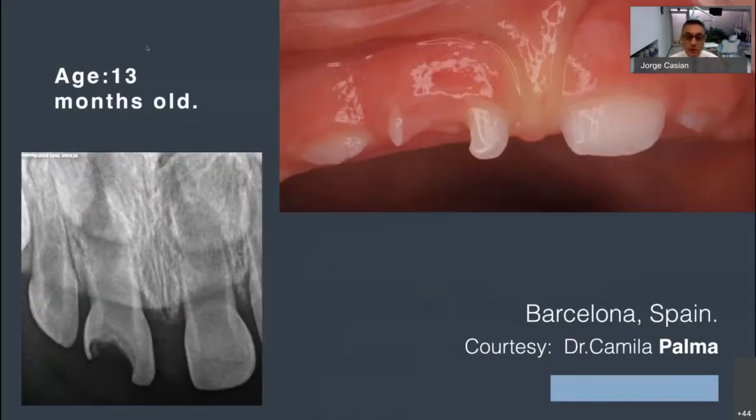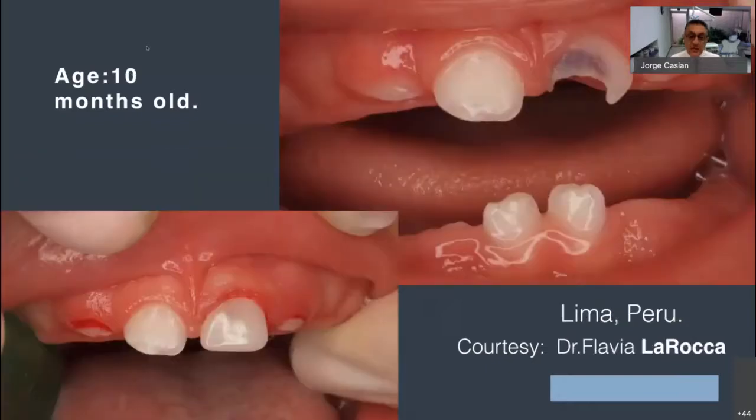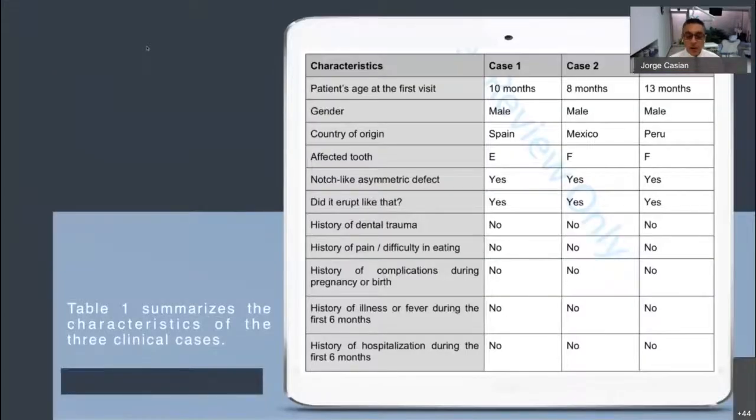This is a 13-month-old baby with an identical clinical situation. This case was treated by Dr. Camila Palma in Spain. This other case is very similar, and it was treated in Peru by Dr. Flavia La Roca. Look at the age of the patients.